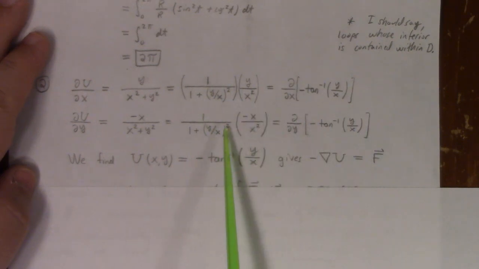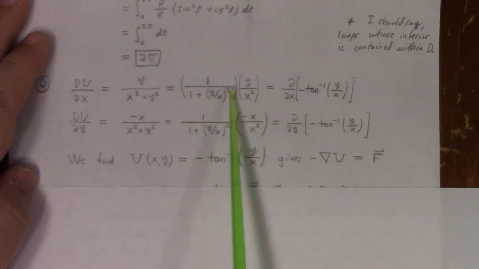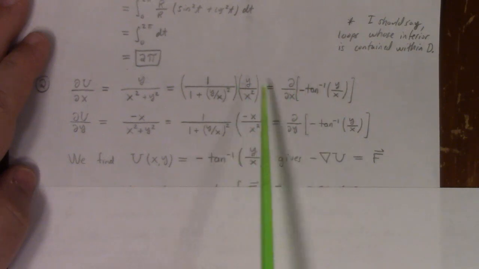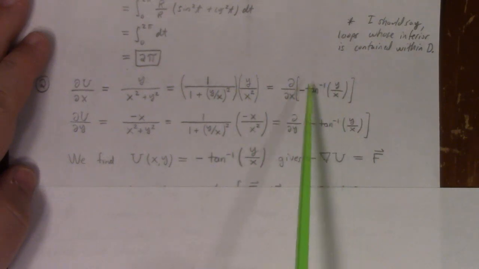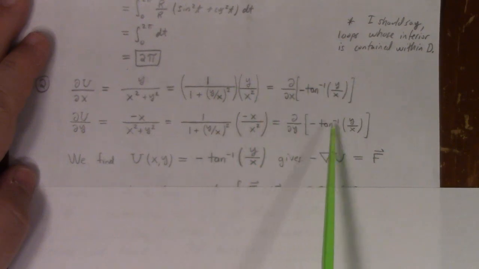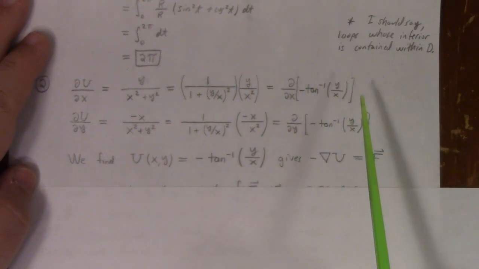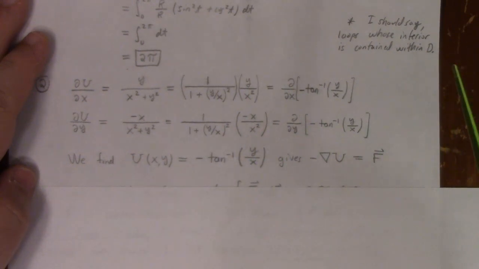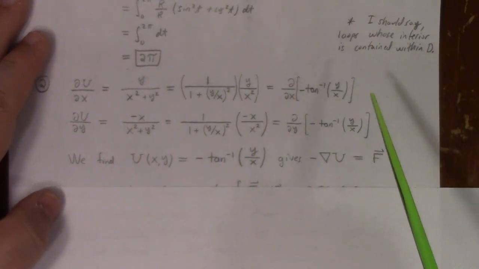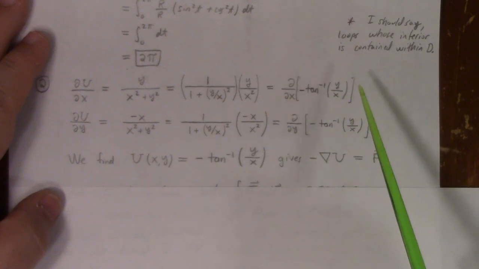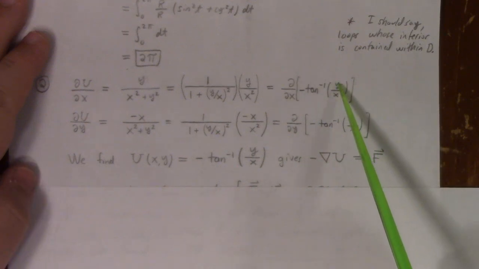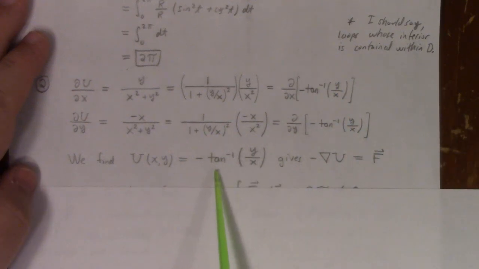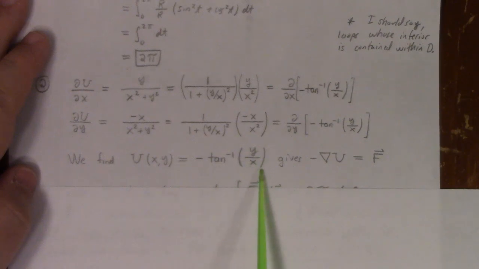So there's a different chain rule involved here, but I'm really just doing inverse tangent integral here with a substitution, right? So granted, this is harder than the integral I did in the previous problem, but this is the bonus problem, right? So anyway, apparently the potential energy should be minus the inverse tangent of y over x.